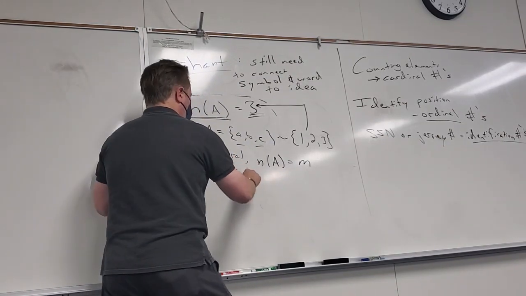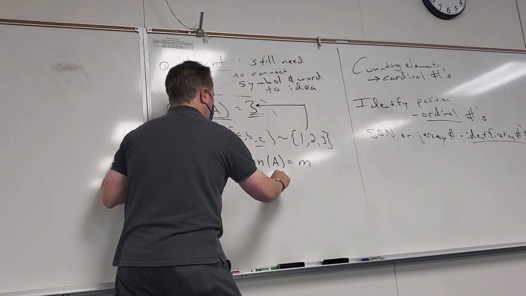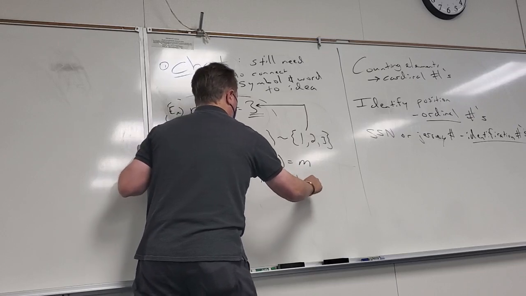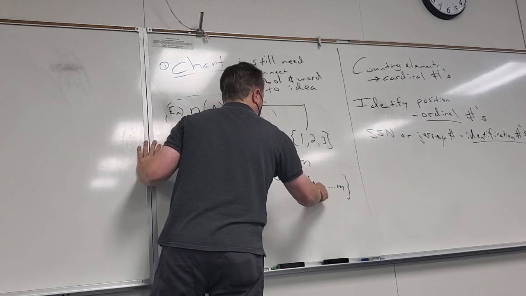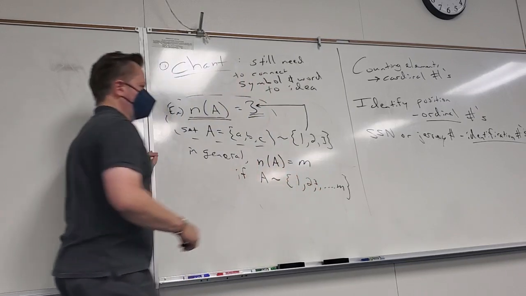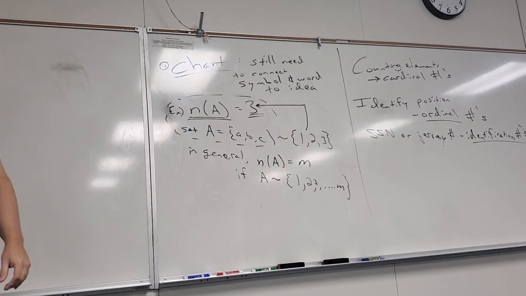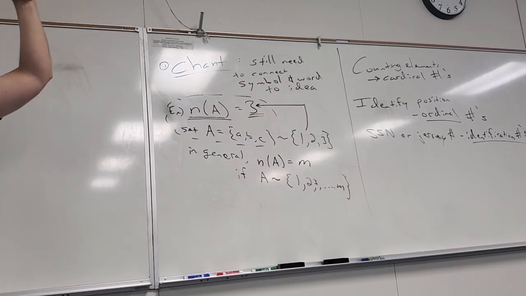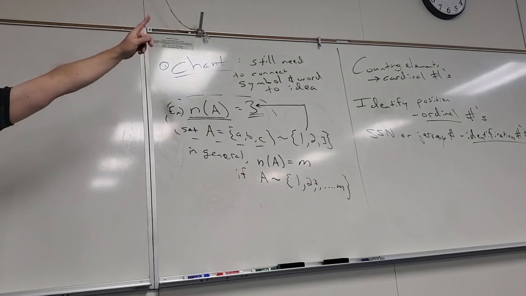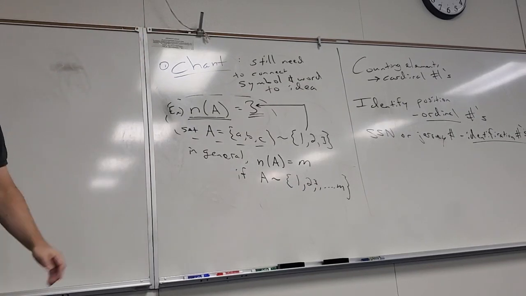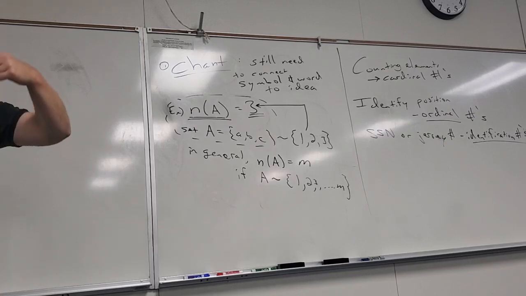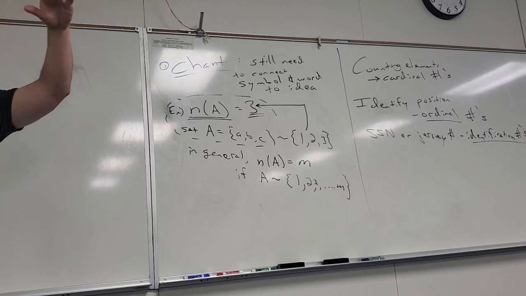If set A is equivalent to {1, 2, 3, up to M}. So if I had a set that had 8 elements in it, it would be equivalent to the set {1, 2, 3, 4, 5, 6, 7, 8}, and therefore the number of things in that would be 8. Again, very basic ideas. We're learning some notation to describe those ideas.